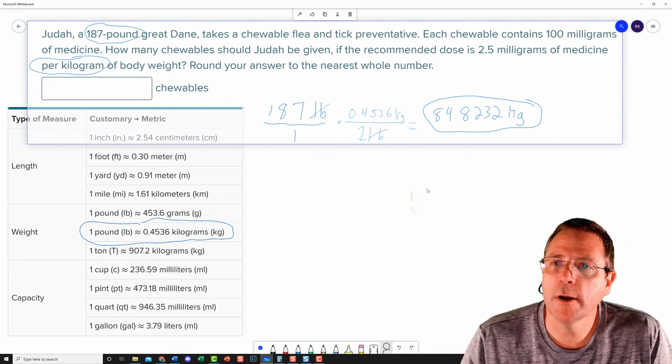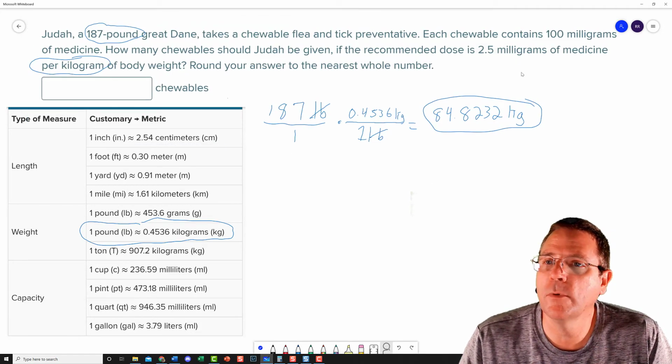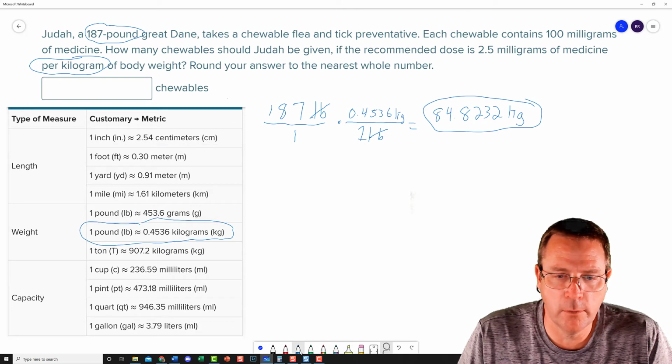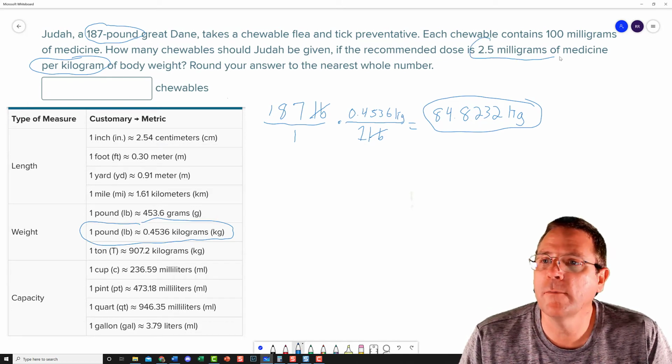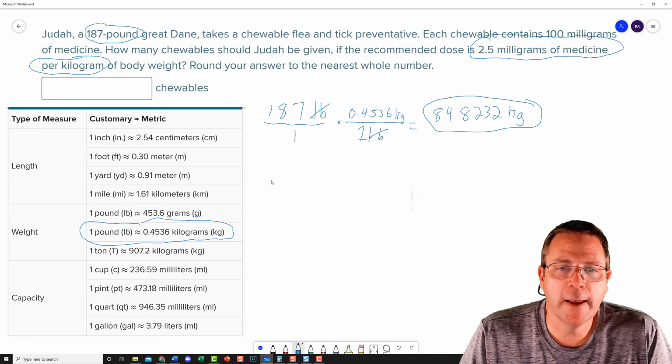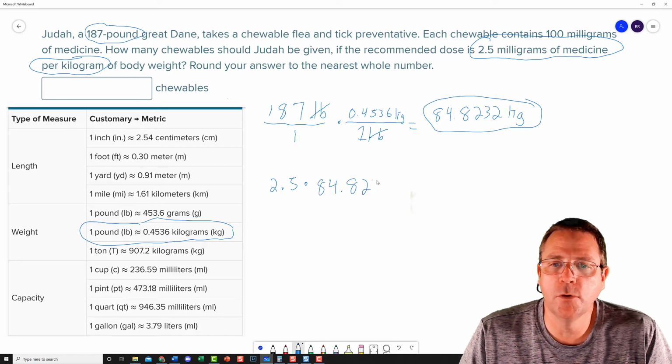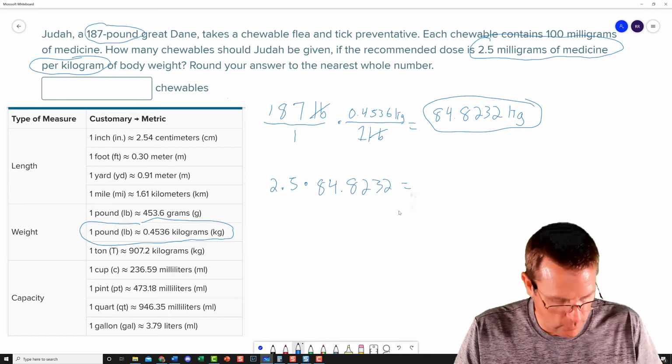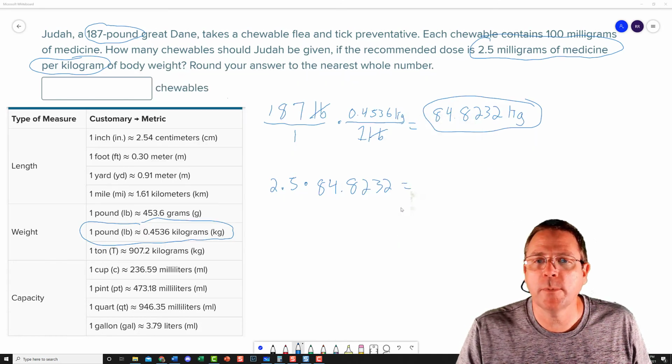Let me get my marker going here again. 2.5 milligrams of medicine per kilogram of dog. So that means I have to multiply 2.5 times the 84.8232. And once again, I'm tired, it's been a long day.